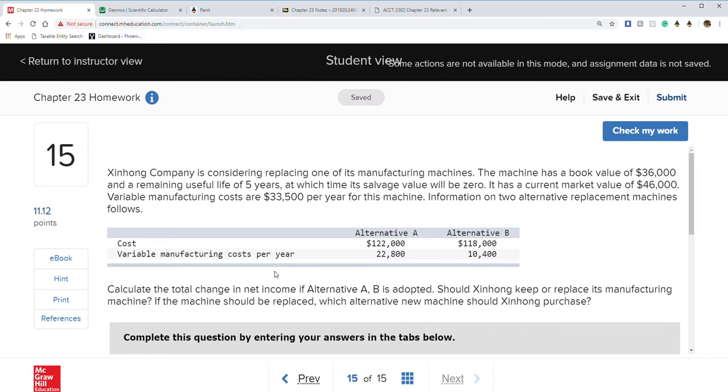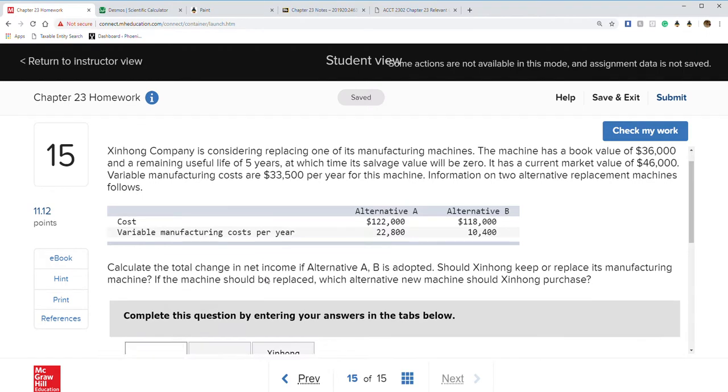Throw out book value. It has a current market value of $46,000 and a variable manufacturing cost of $33,500 per year for this machine. Information for 2 ultimate replacements. So, we're going to have to calculate the total change if alternative A or B is adopted.